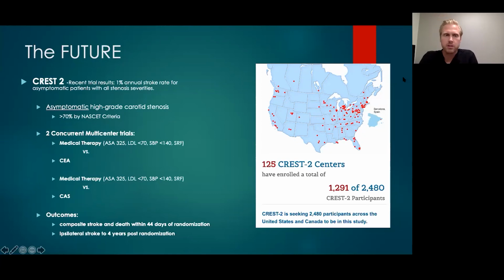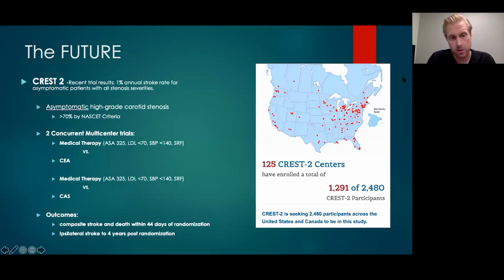Currently there are two concurrent trials all being put under the banner of CREST-2. One is a medical therapy group versus CEA for asymptomatic high-grade carotid stenosis, and a medical therapy group versus carotid stenting in tandem. The medical therapy group includes aspirin at 325, and LDL driven quite low, below 70.